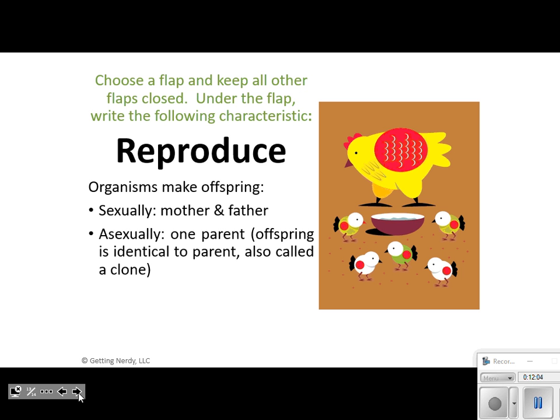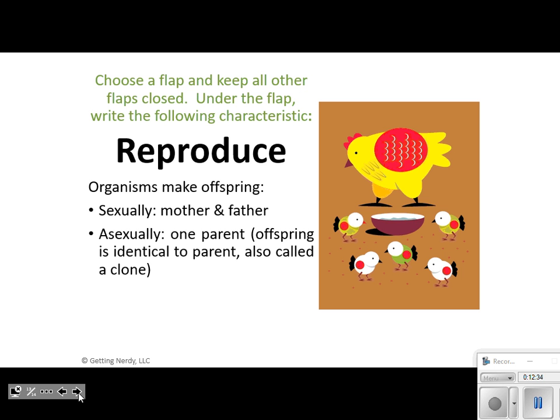Whether it's sexual reproduction, meaning that there is a mother and a father, two parents, or asexual reproduction, meaning that the offspring is identical to the parent. It is a clone.